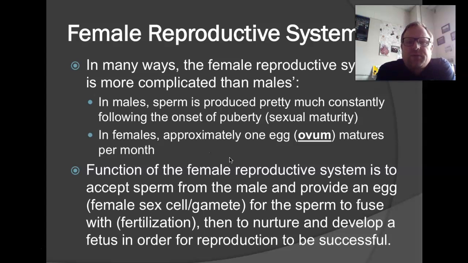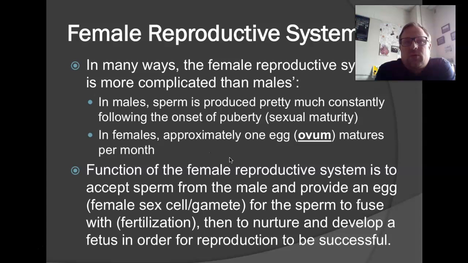So the female reproductive system is in many ways more complicated than the male reproductive system. In males, sperm is produced pretty much constantly following the onset of puberty, whereas in the female system, after the onset of puberty, one mature egg, or ovum, is released per month.